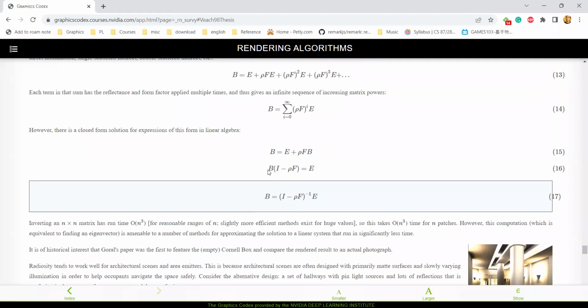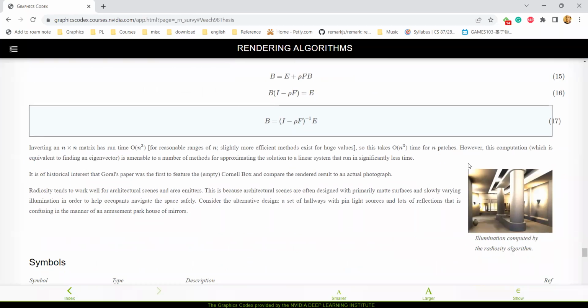We don't need to invert the matrix though. We can just solve it directly with the Gaussian method or something, which is a little bit less than a third. However, this computation is amenable to a number of methods for approximate solutions to a linear system that will need significantly less time.